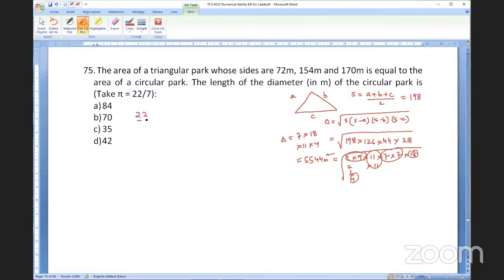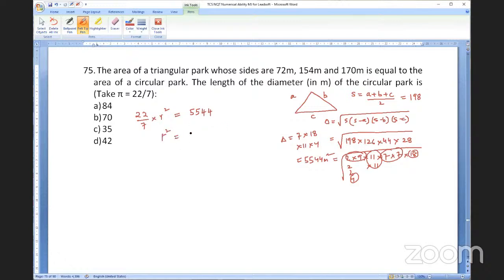Circular park area is pi r square, which is equal to 5544. So here 22 is obviously divisible; divided by 22 will give 252, into 7 is 1764.